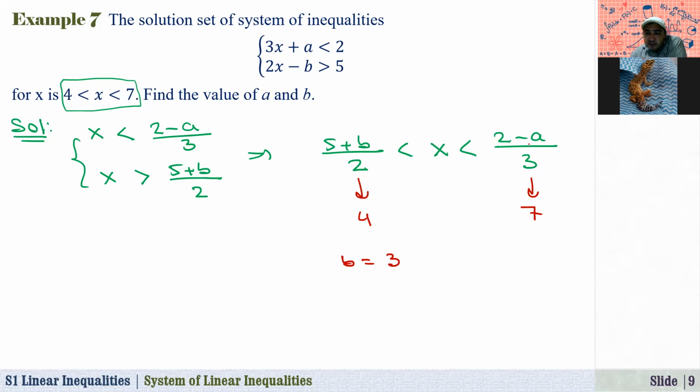So a should be equal to minus 19, because 2 minus negative 19, that's equal to 21. 21 divided by 3 is equal to 7. So now from here, the value of a should be negative 19, and the value of b should be 3.